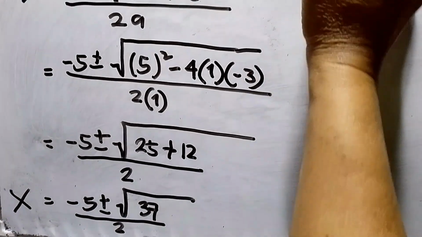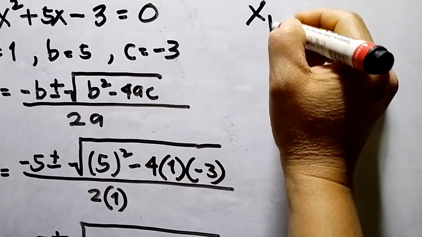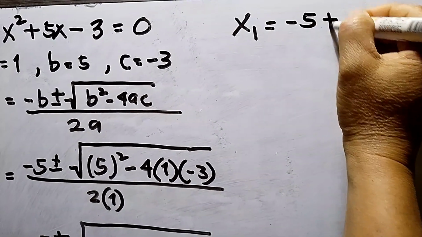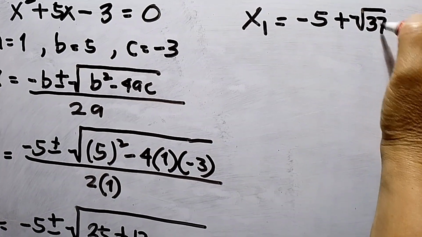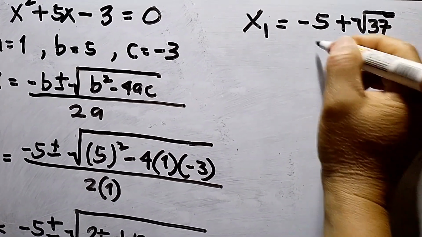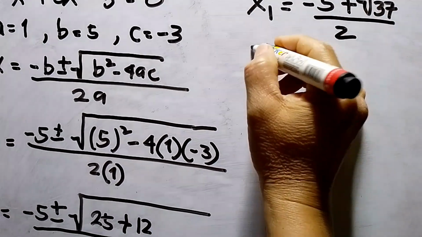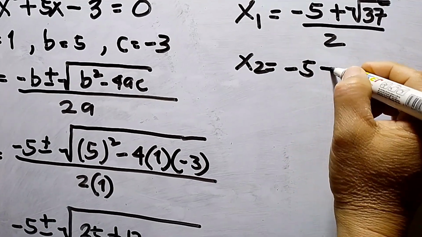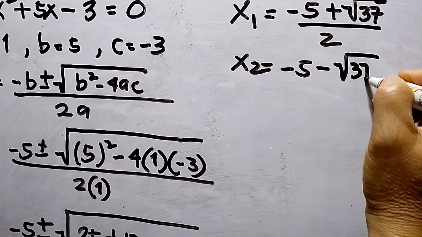Take note, I have two values for x. First will be x1, which is negative 5 plus square root of 37 over 2. And then my x2 will be negative 5 minus square root of 37 over 2.